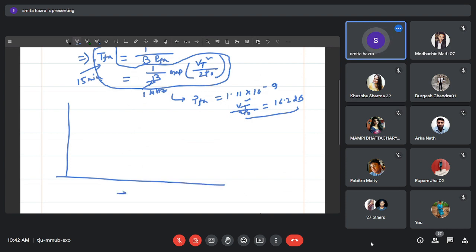So this is your VT square by 2 psi naught, measured in dB scale, and this one is the average TFA. Let us consider that we measure it in hours.